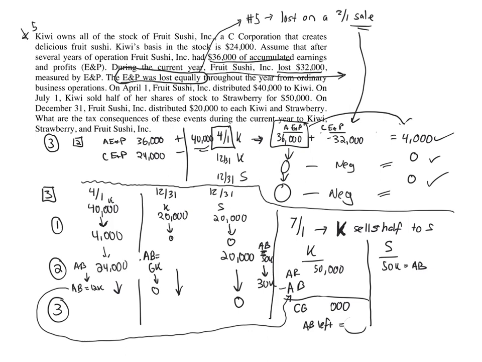That brings the adjusted basis down to 0. $12,000 of capital gain because this equals 4 plus 24 is 28 plus 12 is 40.